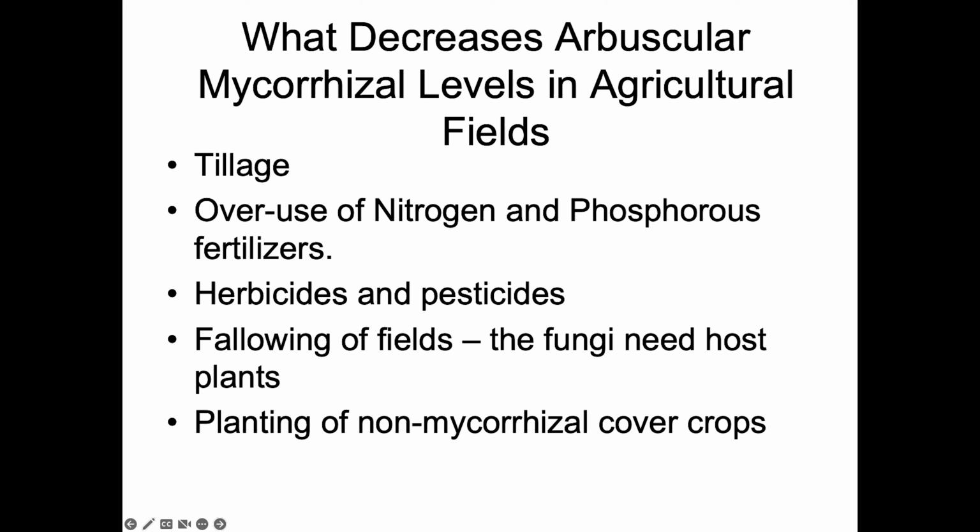It's been shown since the 70s, if you add too much phosphorus to your soil, it doesn't kill the mycorrhizae. The plant doesn't need them, and then what happens is it shuts it off. And then when the plant does need it, it's not there.